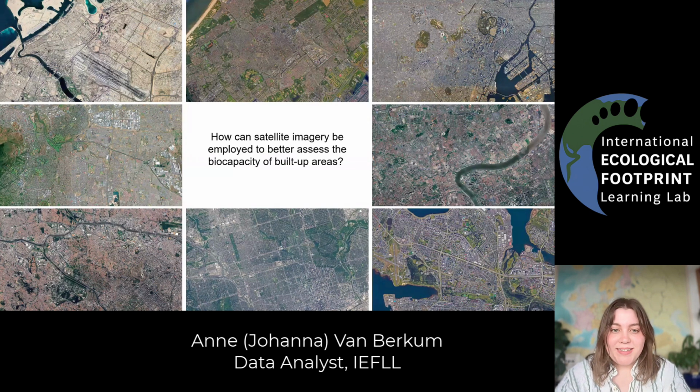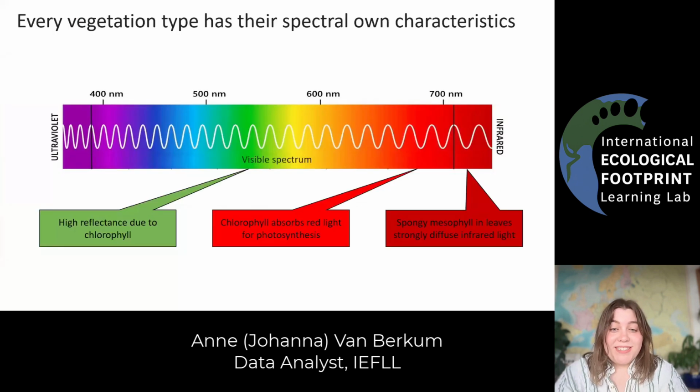So we can go to the next slide. Optical satellites can use the electromagnetic spectrum to make images of the Earth's surface, and they can look beyond the visible spectrum, which is very useful. We can see from blue to red with our eyes, with our cones, but satellites can also see infrared or ultraviolet light.